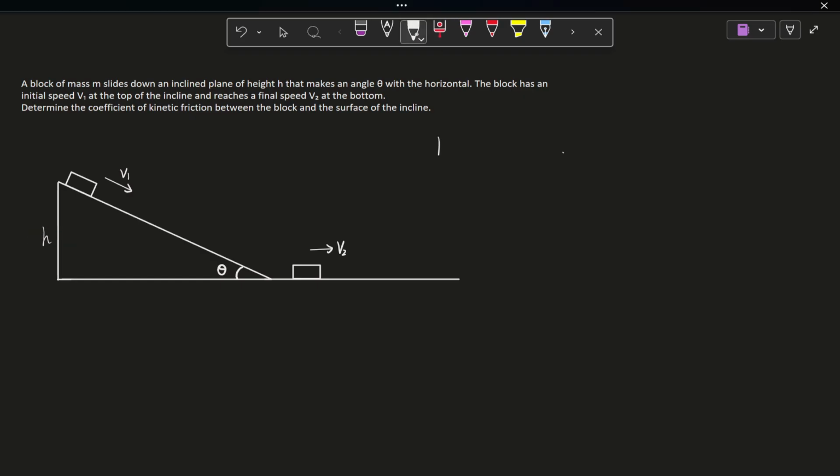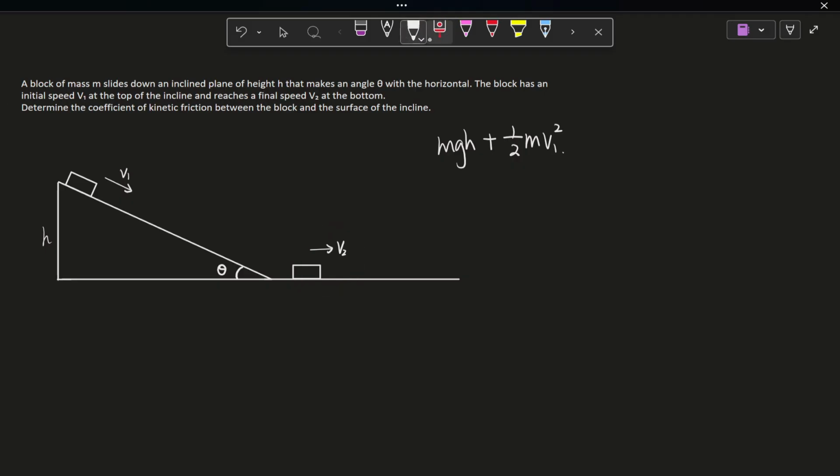So let's write down mgh plus 1 half m v1 squared. This is the amount of energy it has at its initial position. And when the block reaches the bottom, it only has kinetic energy, right? Because it is not above the ground at all at this moment.